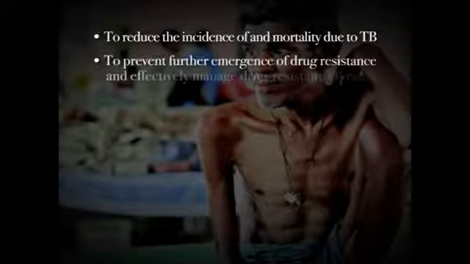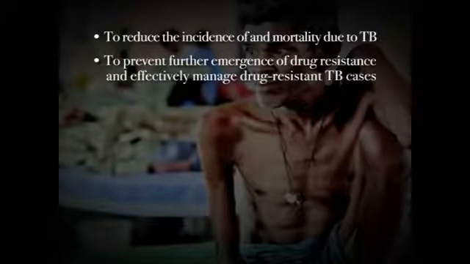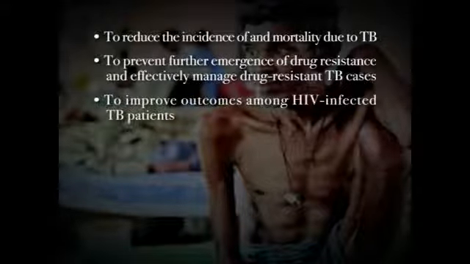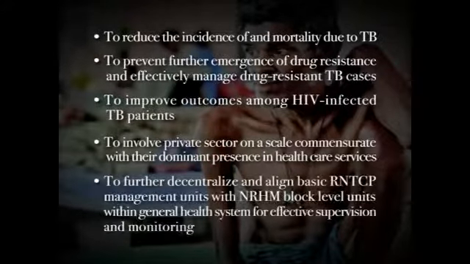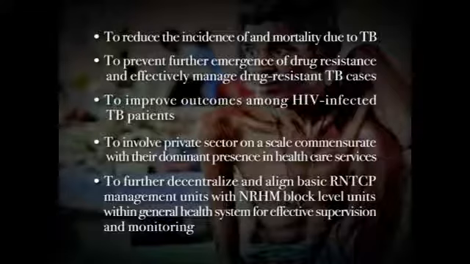Next, we have to prevent further emergence of drug resistance and effectively manage drug-resistant TB cases, to improve outcomes among HIV-infected TB patients, to improve private sector engagement on a scale commensurate with their dominant presence in healthcare services. Next, we have to further decentralize and align basic NTCP management unit with NRHM block level unit within general health system for effective supervision and monitoring.